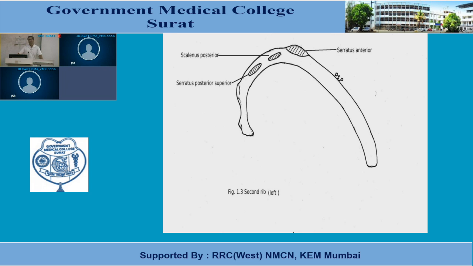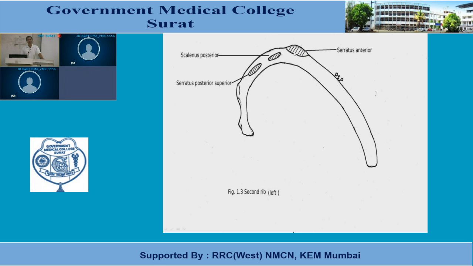This second rib is twice the length of the first rib. Its main prominent feature is one elevated tubercle, which gives origin to partly the first and mainly the second digitation of the serratus anterior muscle.